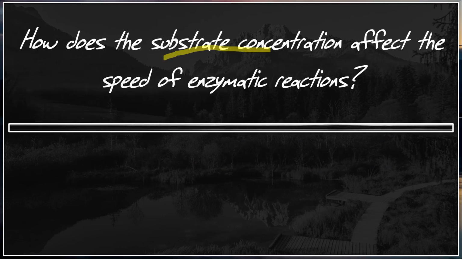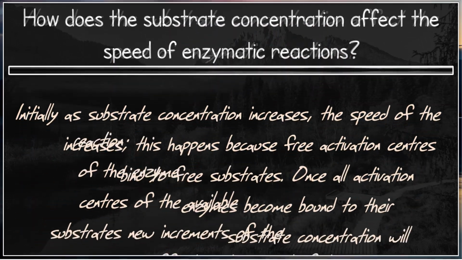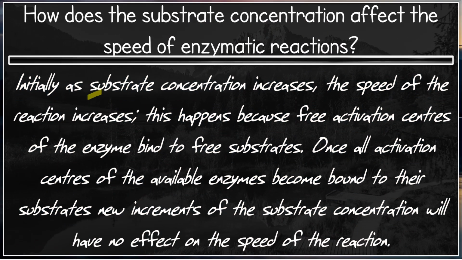How does the substrate concentration affect the speed of enzymatic reactions? Initially, as the substrate concentration increases, the speed of the reaction increases.